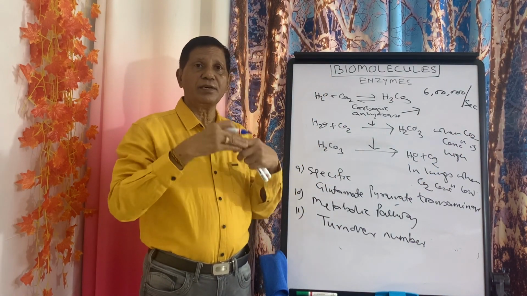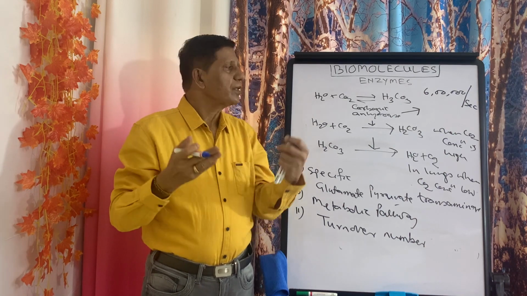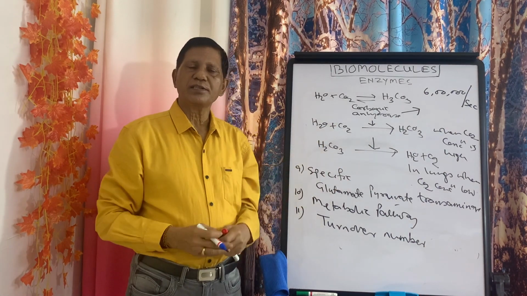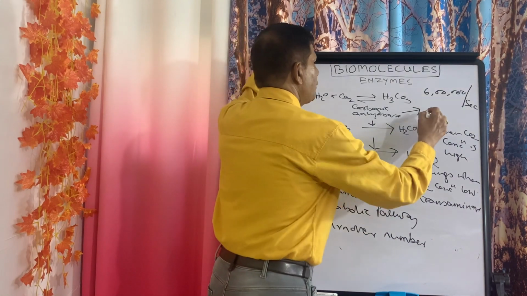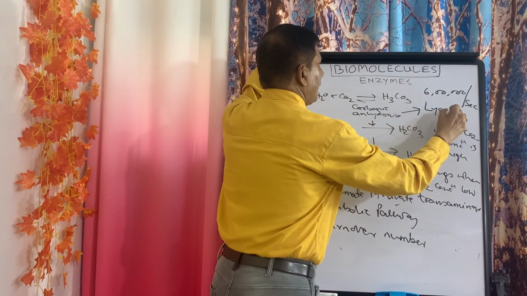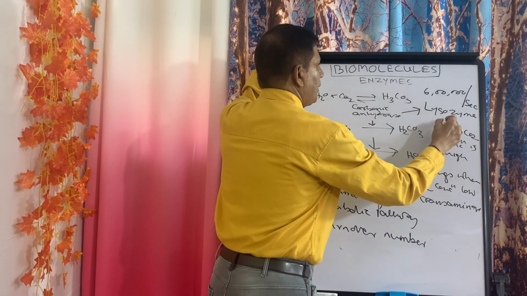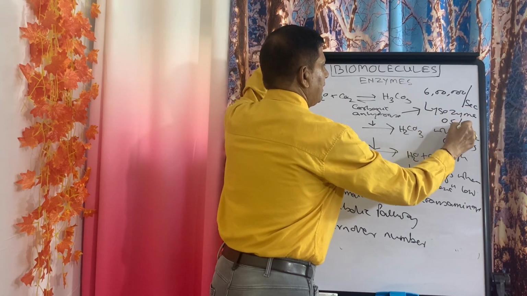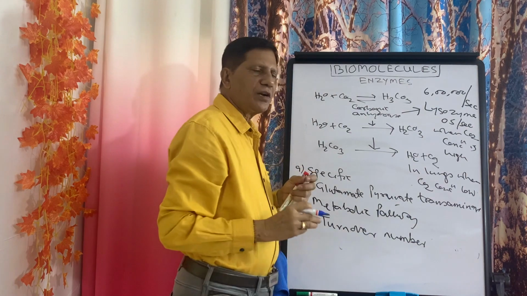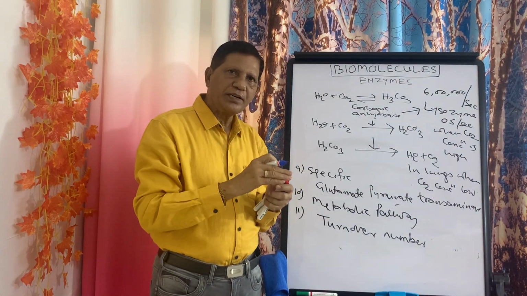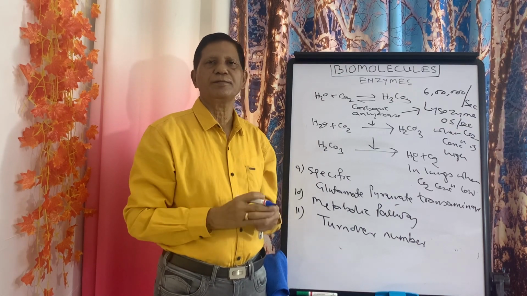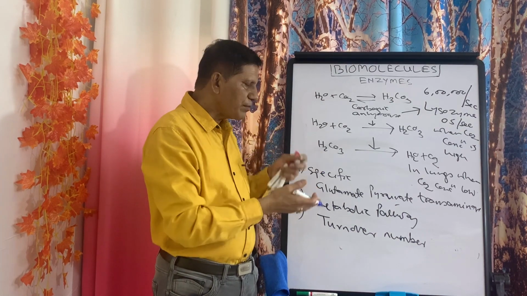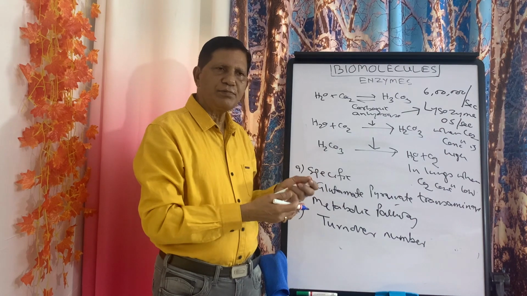The slowest one is lysozyme. Lysozyme converts 0.5 per second. That means for converting one substrate into product, it requires 2 seconds, the slowest one. So these are some of the properties of enzymes.